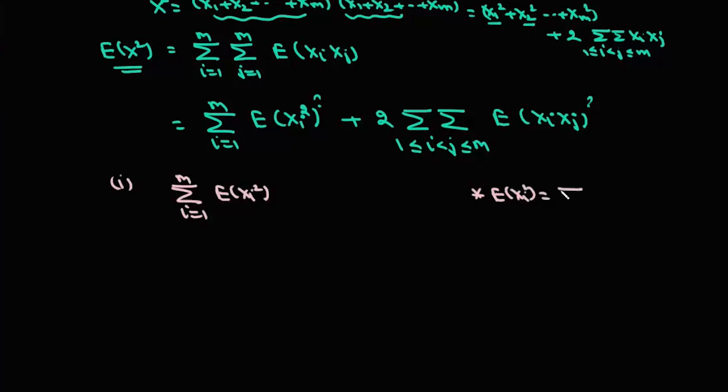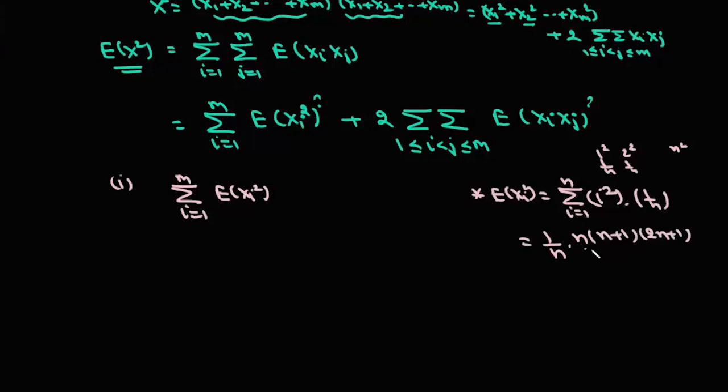Now it will be this summation i varies from 1 to n, and what are the possible values of xi square? 1 square, 2 square up to n square. So it will be this i square, and the probability of getting 1 square, 2 square and n square is 1 by n each. So we can write this as 1 by n into n into n plus 1 into 2n plus 1 by 6. Now this n and n will cancel. So it will be n plus 1 into 2n plus 1 by 6.